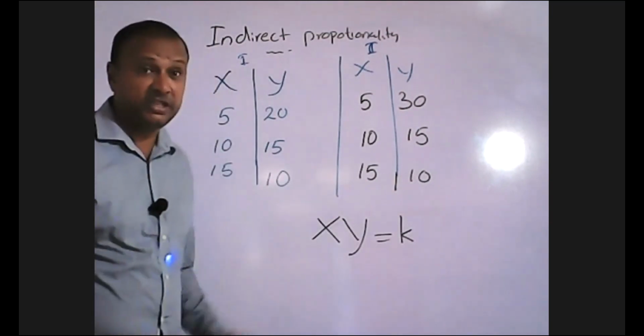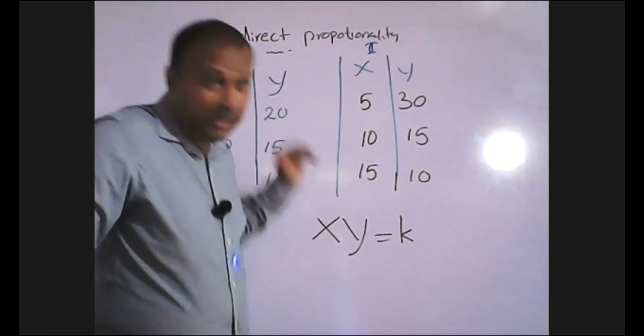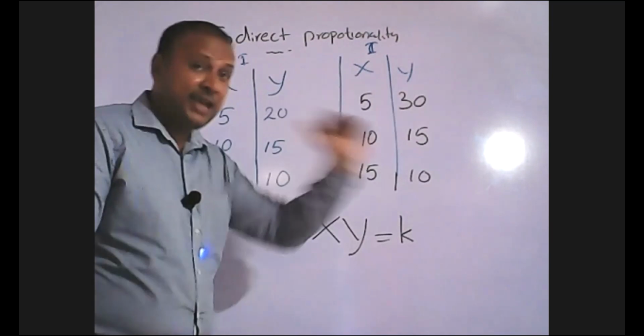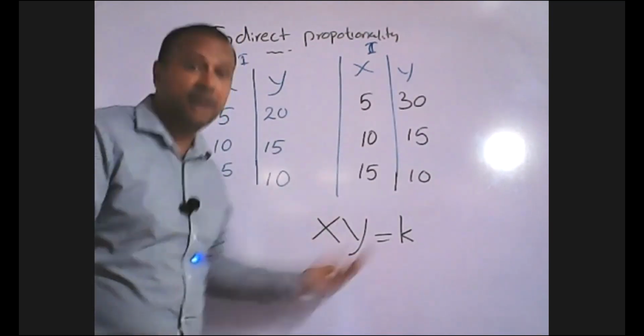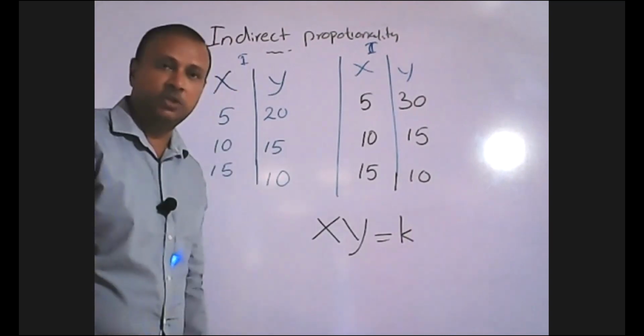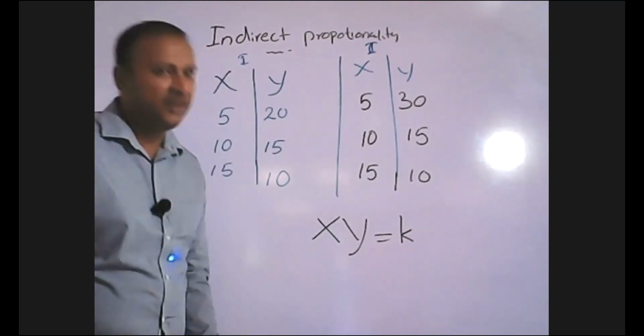The definition of direct proportionality is that the ratio is a constant. This is the product is a constant. Multiplication is a constant.